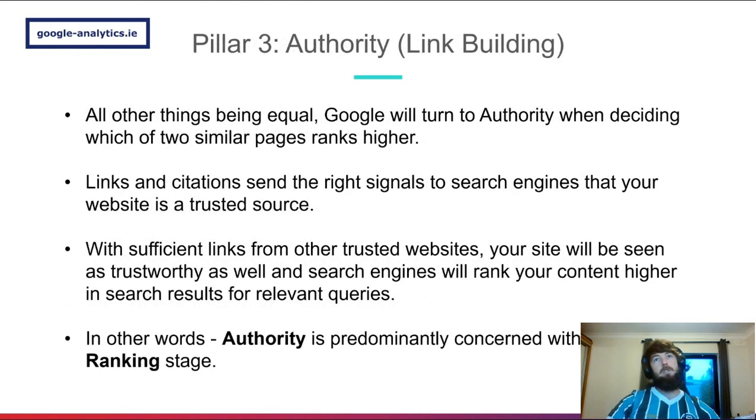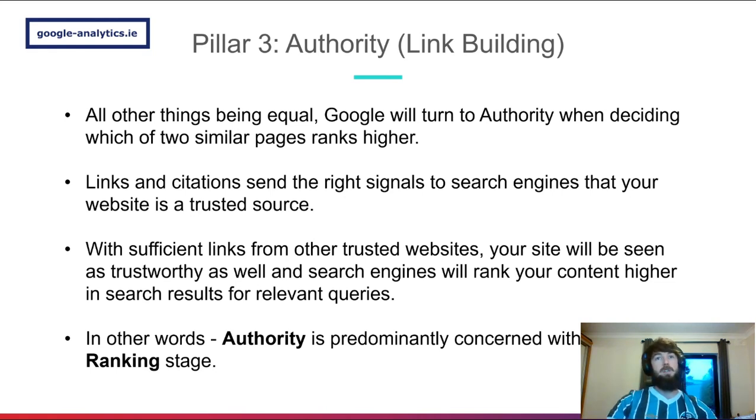The final pillar is authority, and authority is all about link building, links to your website. So all other things being equal, Google will turn to authority when deciding which of two similar pages ranks higher. So if your site is technically sound, and if your content is really good and really relevant, but your competitor also has a really technically sound site and really similar content, then more often than not, when Google or another search engine is trying to decide which of these pages to rank, it'll fall back on authority or link profile.